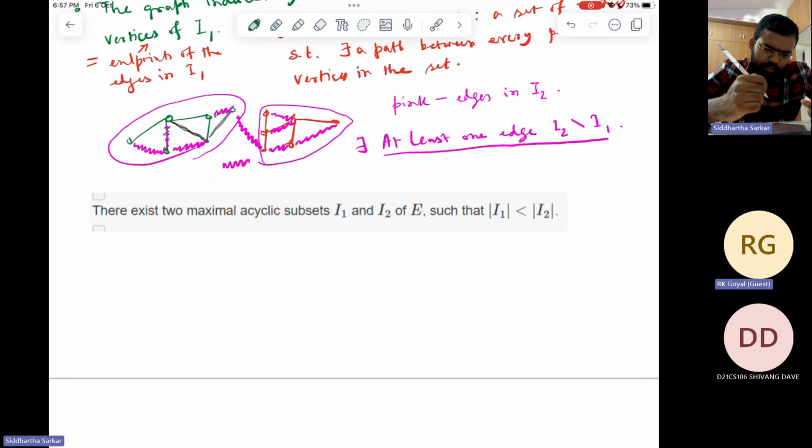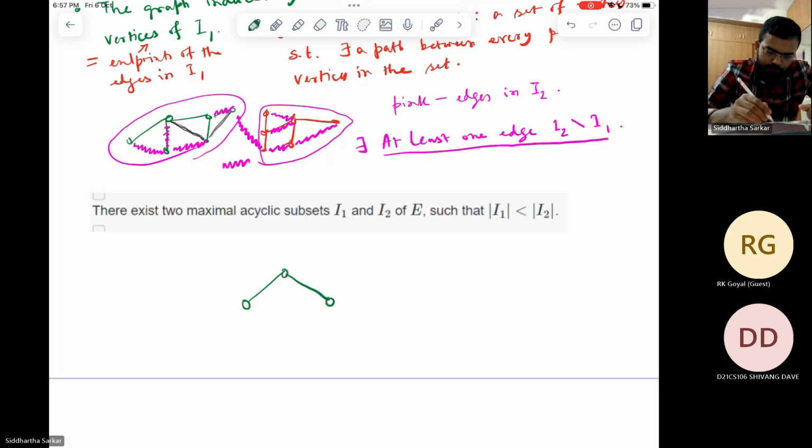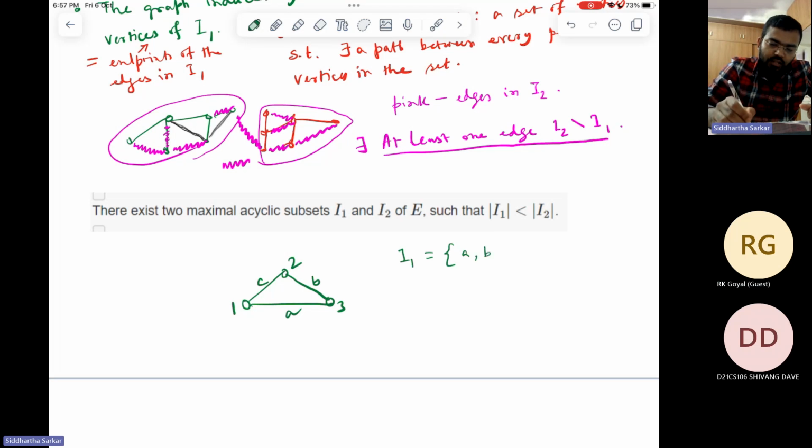Let's try to draw some example. Let me think. Right. So in this graph the vertices are 1, 2, 3, and the edges are, let us say, A, B, C. So I1 is, let us say, A comma B. Can you add C?